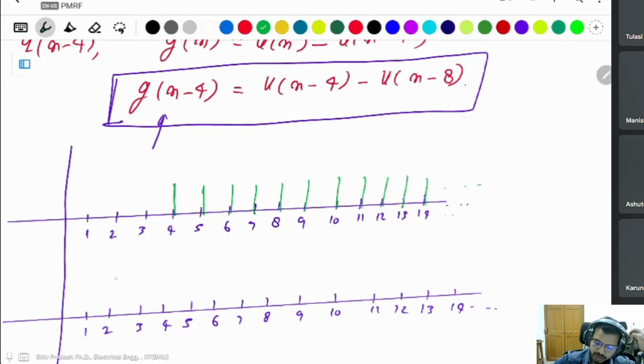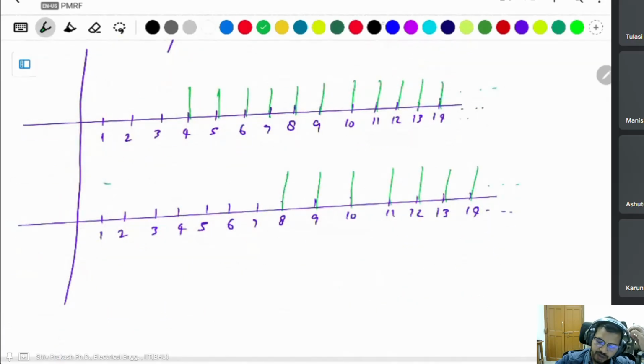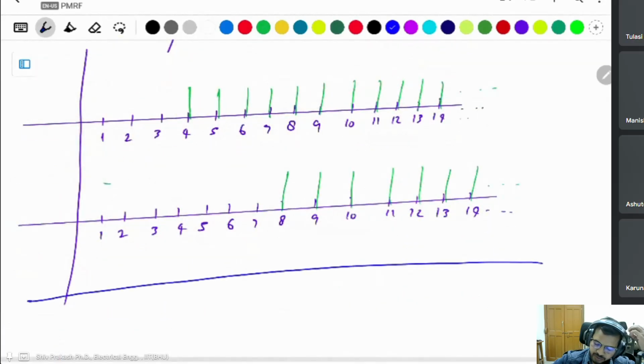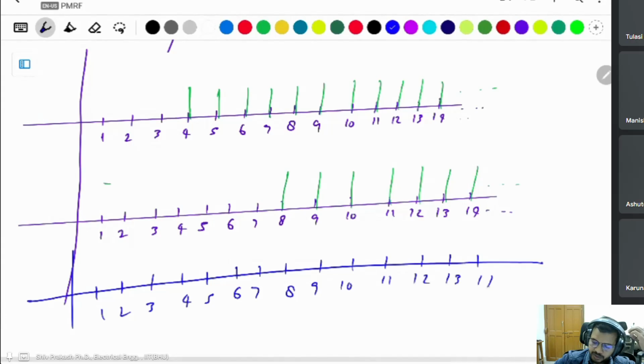Second one, subtract the u[n minus 8]. It started from 8. Then what is the final value? We have to subtract the signal.